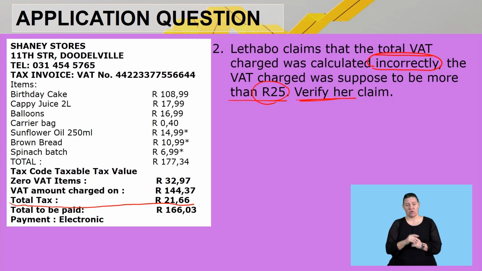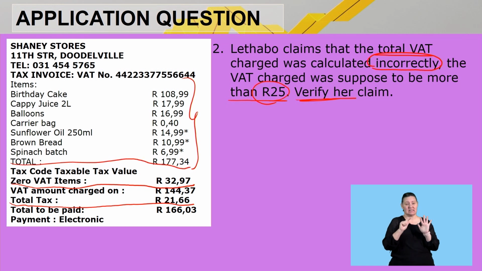Now remember, on this till slip, there are items which are zero rated. We must exclude them from VAT. So the zero rated items cost us 32 Rand 97. And the total amount of all these items was 177.34.